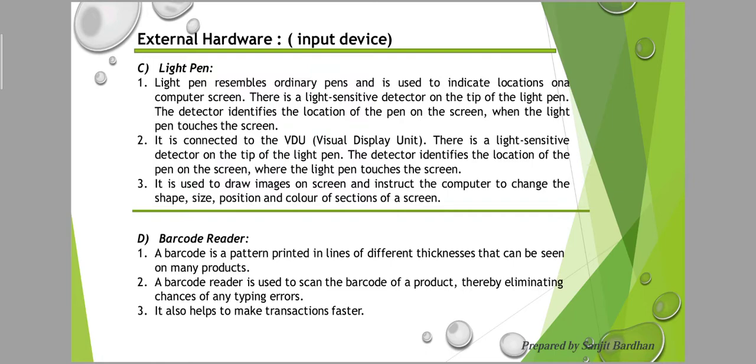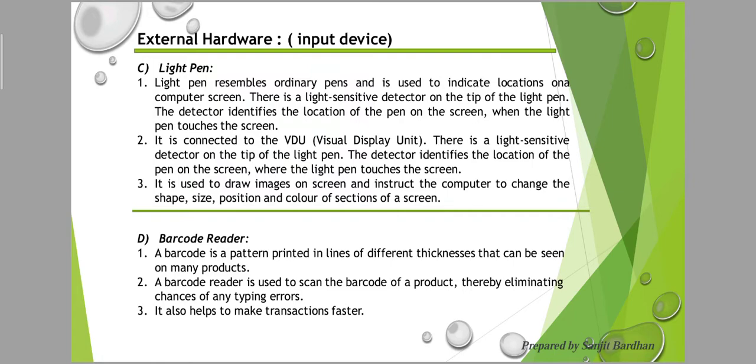Next is barcode reader. A barcode is a pattern printed in lines of different thickness that can be seen on many products. Nowadays we can buy different types of items from the market, and there is a barcode reader. This pattern printed in lines of different thickness is called barcode, and the barcode reader is used to scan the barcode for a product, thereby eliminating the chance of typing errors.